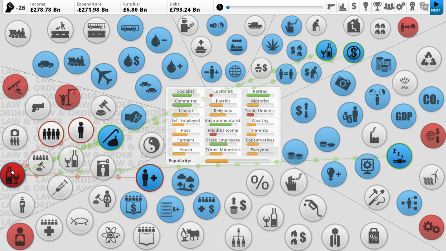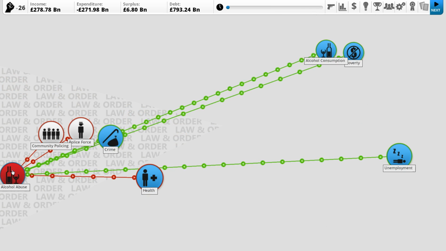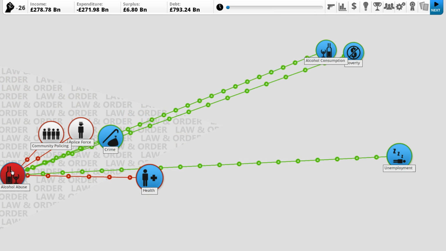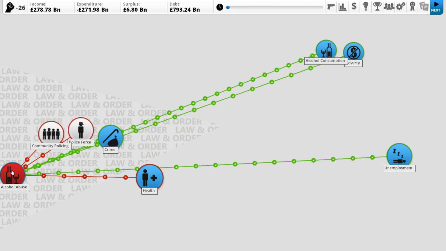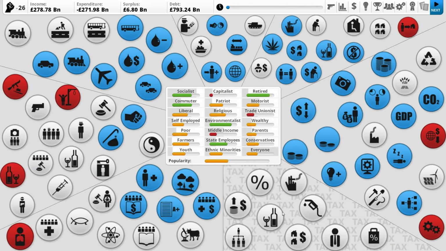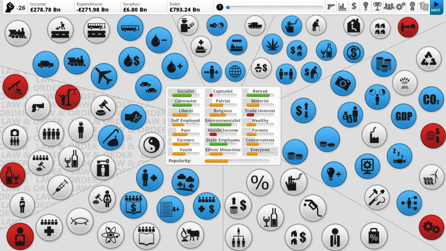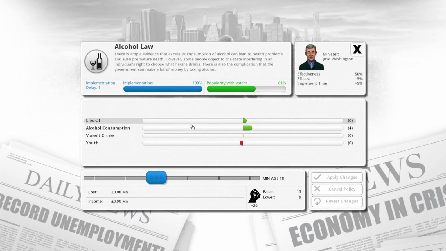It will be caused by alcohol consumption, of course, poverty, crime, and unemployment, and it's bad for health. Alright, so we can increase the alcohol tax for that, I think, but we can also do something with the alcohol law.